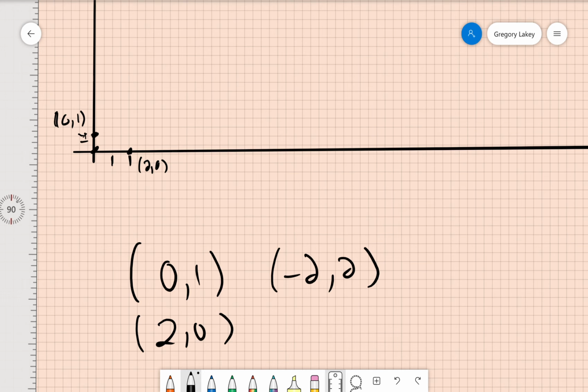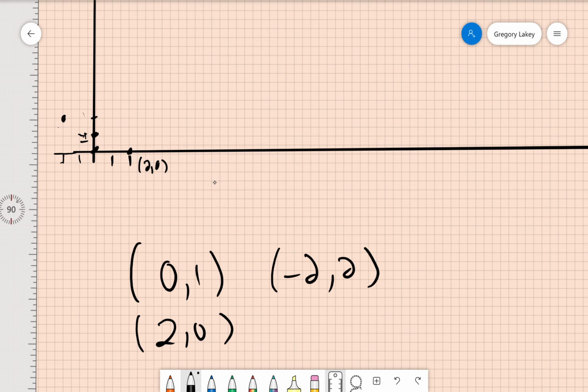I didn't realize I had negative ones. Then I go over -2, 1, 2.